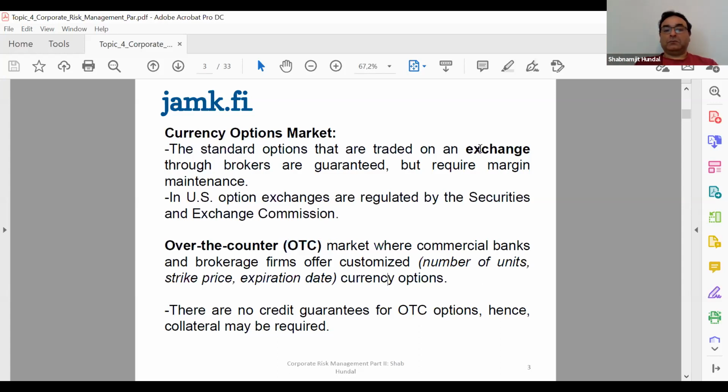But if you take it or leave it, like when you buy something from a big mall, you never bargain, you never make anything customized, then it's more like a market traded contract, like the futures. So the options can be similar to futures, trading in the market, and the options can also be similar to the forward, which is more like a tailor-made contract between the customer, the company, and the bank.